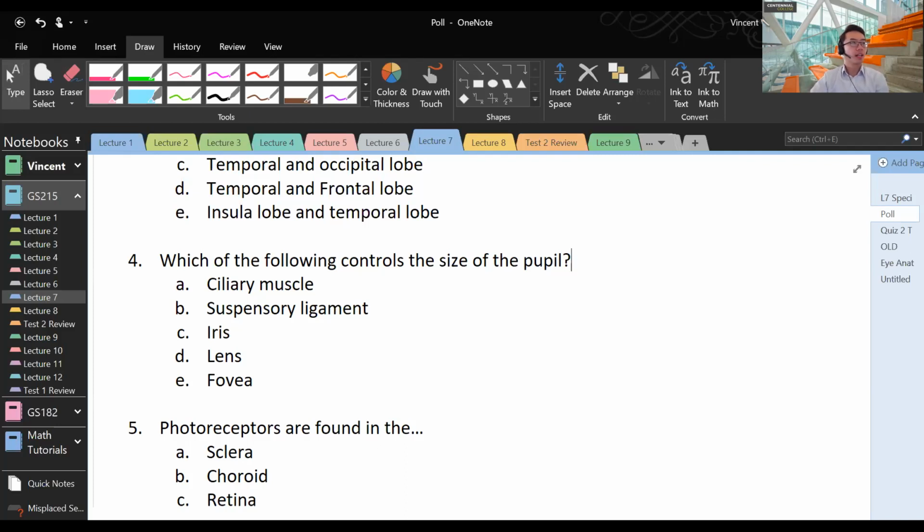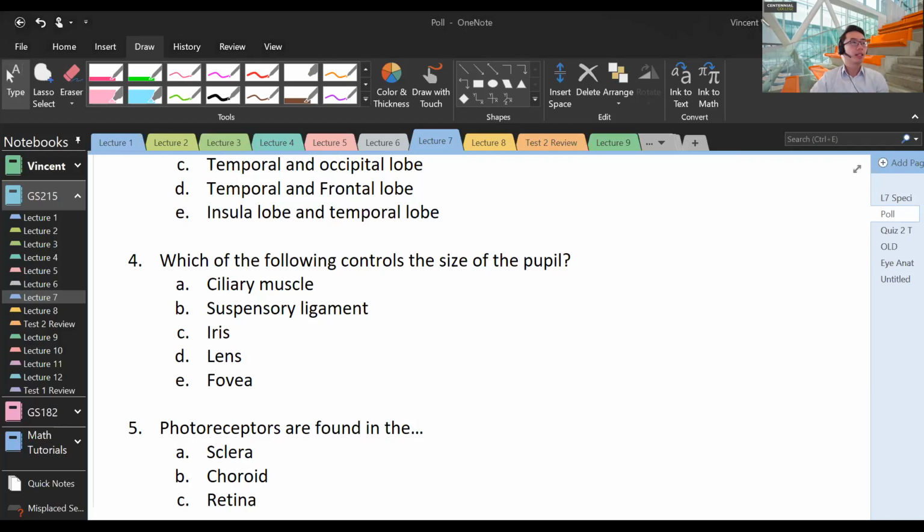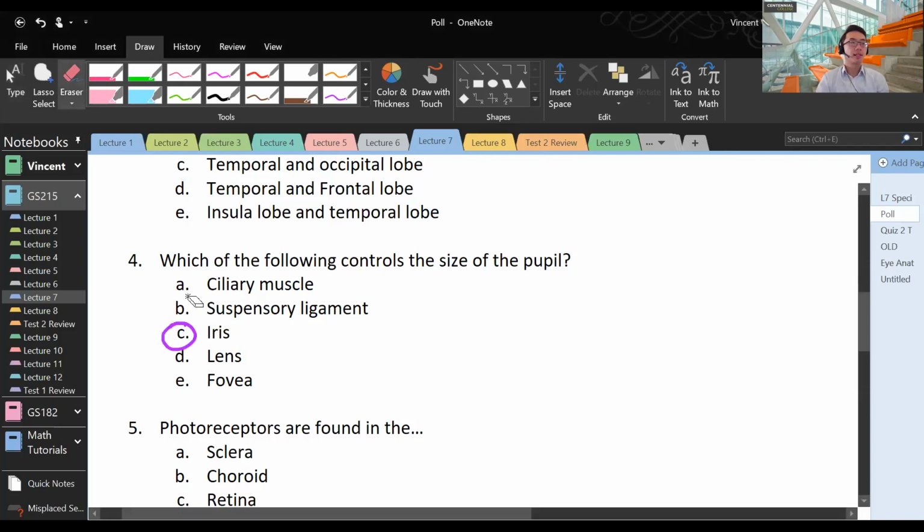We can do it. Let's see if we can have 100% participation. What controls the size of the pupil? Anyone else? Waiting for 3 more people to answer. Okay, the correct answer is the iris, right? The ciliary muscle controls the tension in the suspensory ligament, so that is not the correct answer.